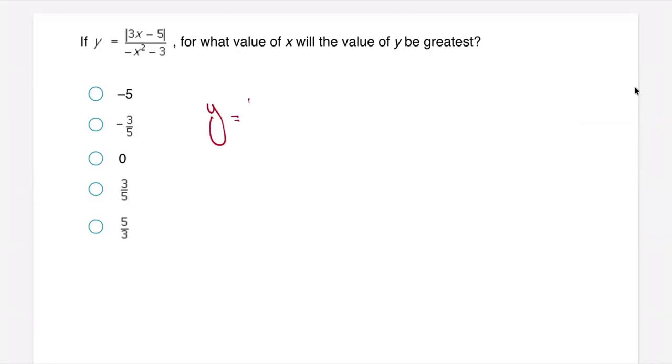Y is equal the absolute value of 3x minus 5 divided by minus x squared minus 3. An observation. For what value of x, y will be the greatest? So we know when you have a fraction, okay, we want the biggest numerator possible and the smallest denominator possible.